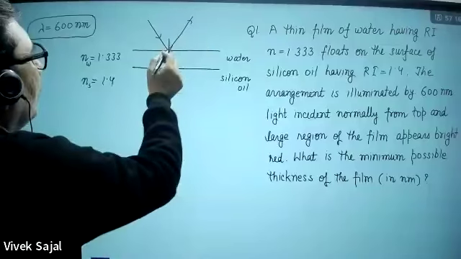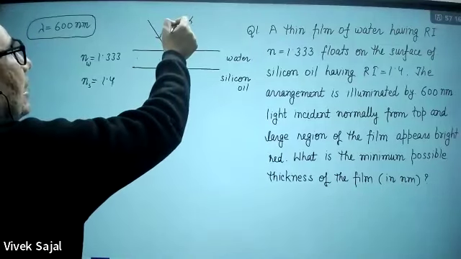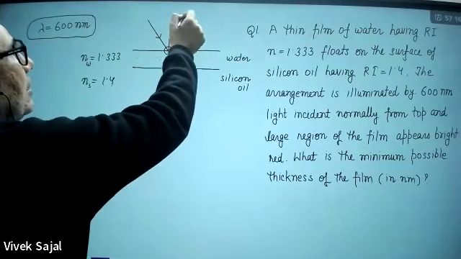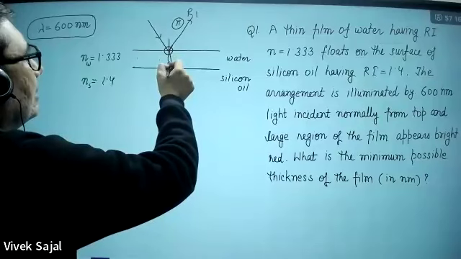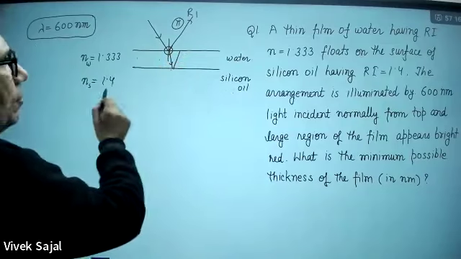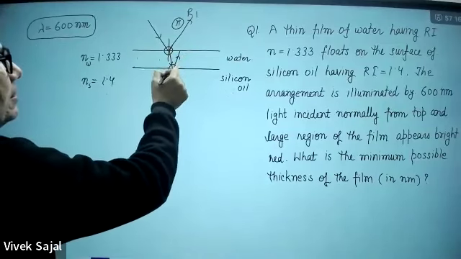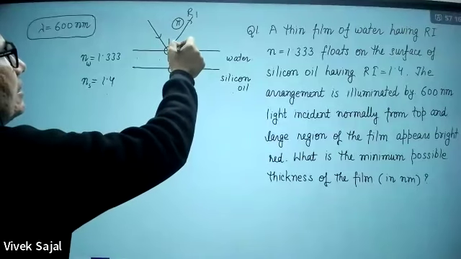Try to understand. First reflection is taking place at the denser medium, so it has an extra phase of pi. So this is R1. Second will move like this, and the second reflection is also taking place at the denser medium.